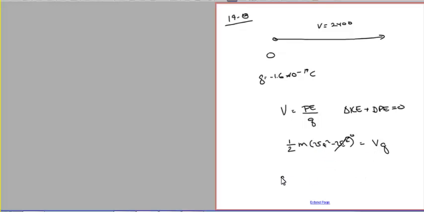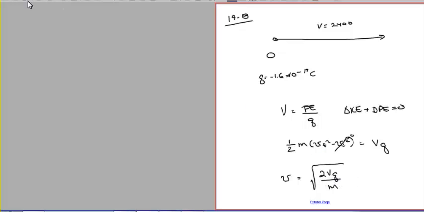So we can solve for the velocity of the electron after it's accelerated. It's going to be equal to the square root, because we have this squared, of 2 times voltage times Q divided by the mass. So if I solve for v final, I get the square root of 2VQ over m.